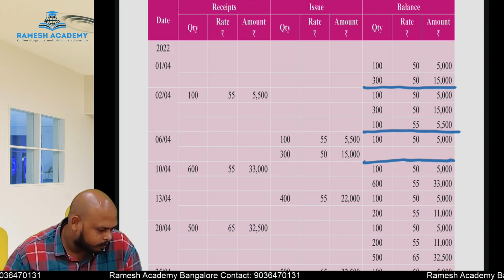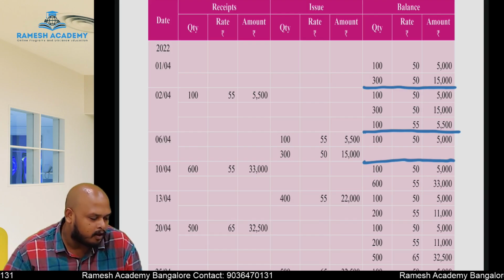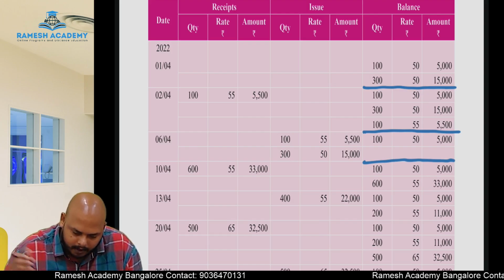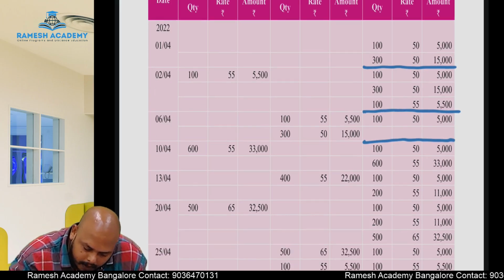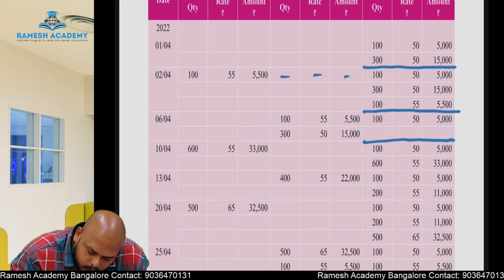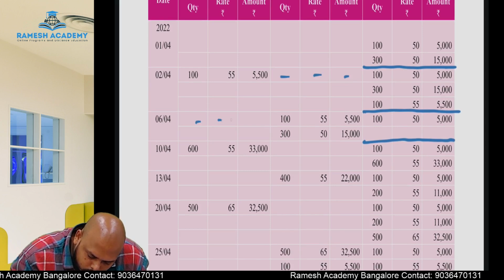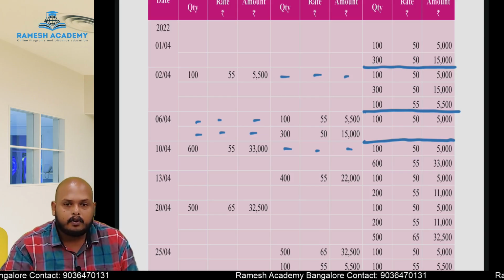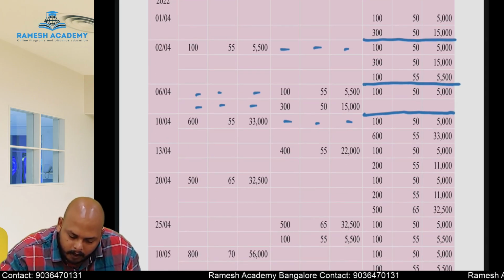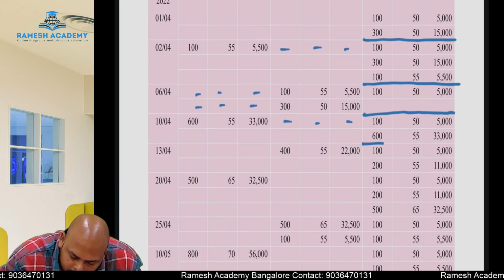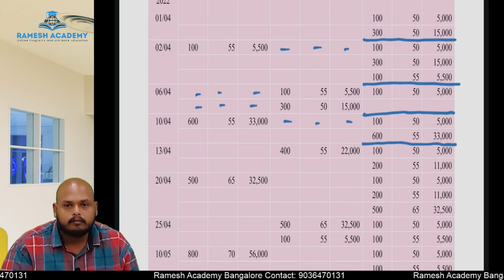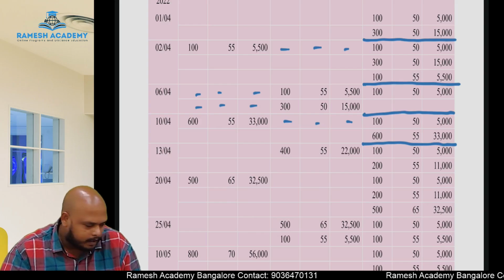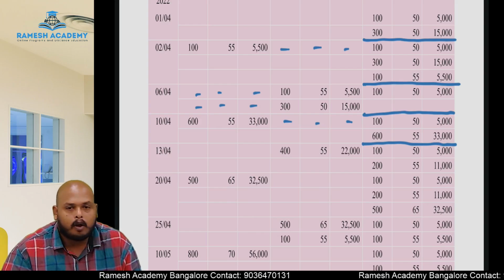Next, 10th April, again purchased how many units? 600 units we purchased on 10th April. Again same thing, we have to write 100 first, the previous figure, next 600.